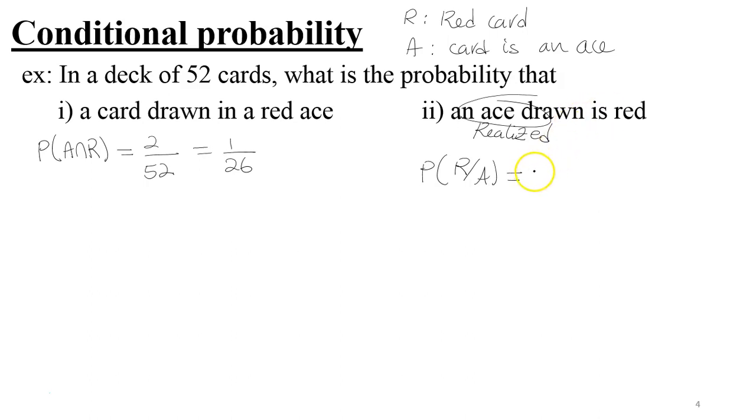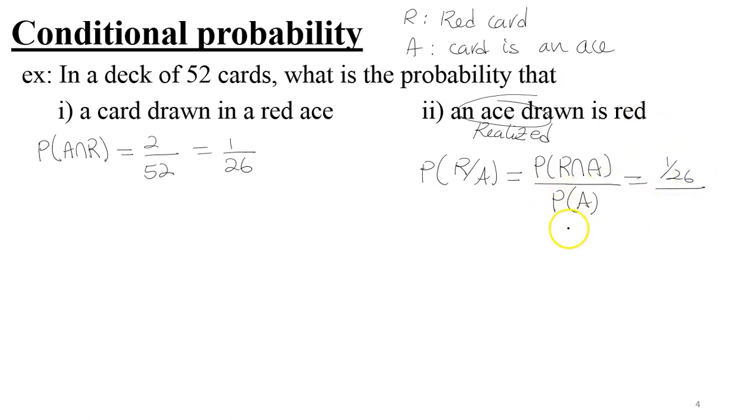Now over here, it's the probability of R inter A divided by the probability of A. We could find this probability using the formula for conditional probabilities. The probability of A inter R, we already found, which is 1 out of 26.